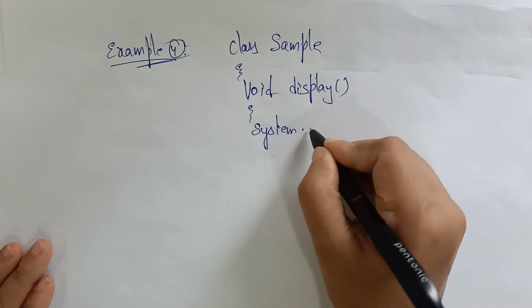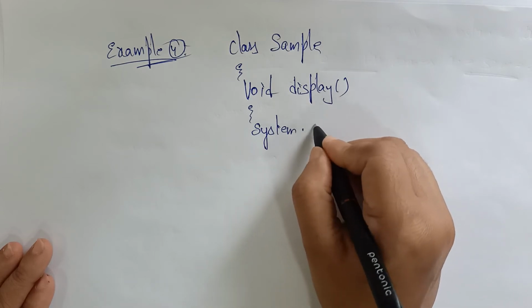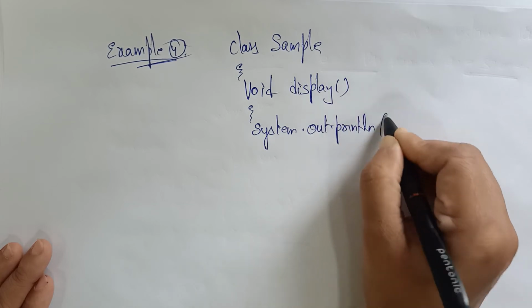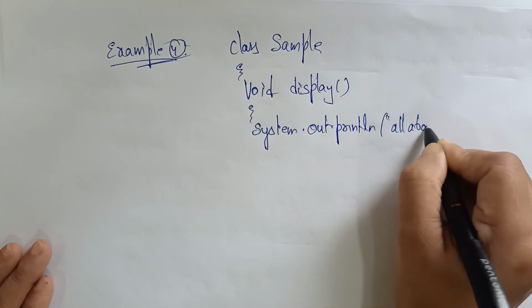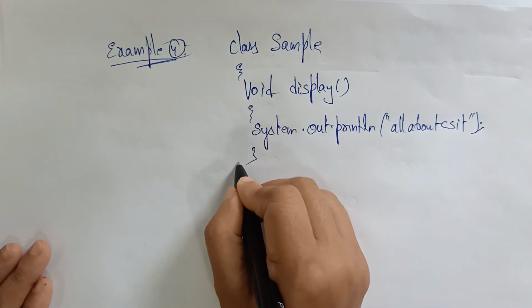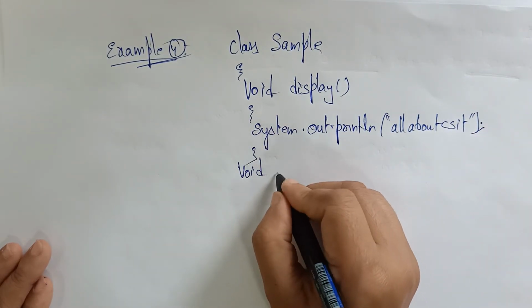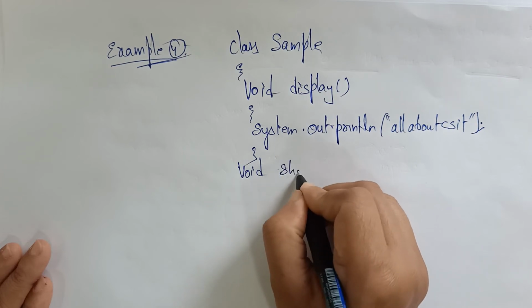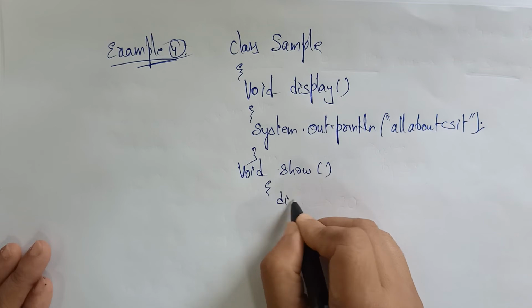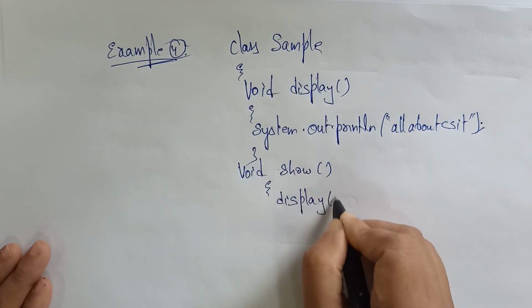Just void display, System.out.println, so here I'm writing all about CSIT. Okay, I'm taking one more method, void show. In this void show, I'm calling this display method.